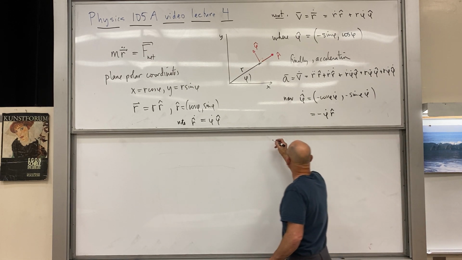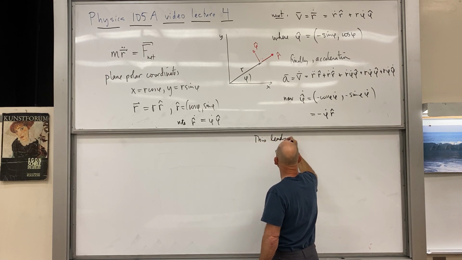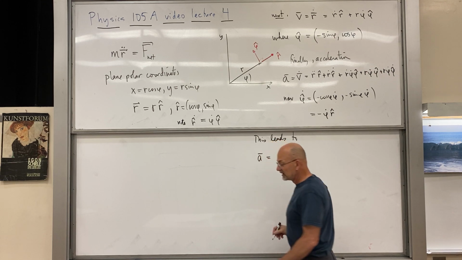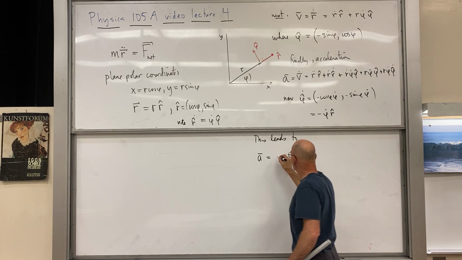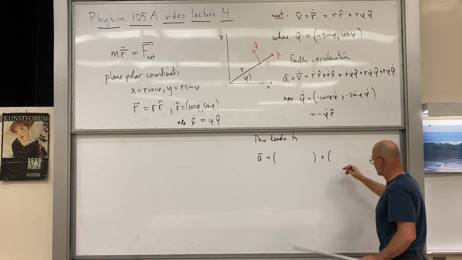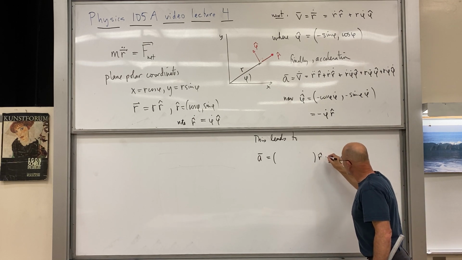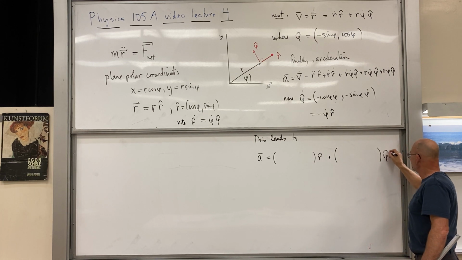This leads to our acceleration being, we have our second derivative. Here, once more, we're just going to find the coordinates in terms of r hat and phi hat.